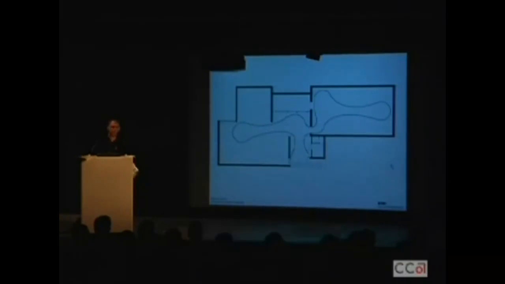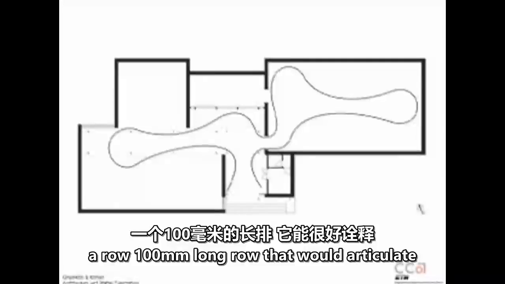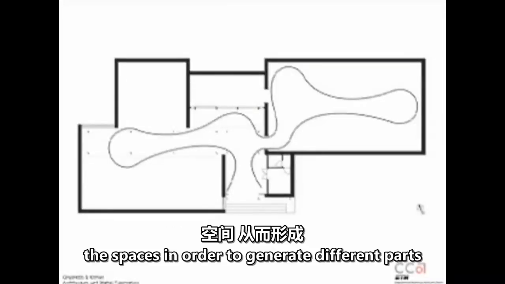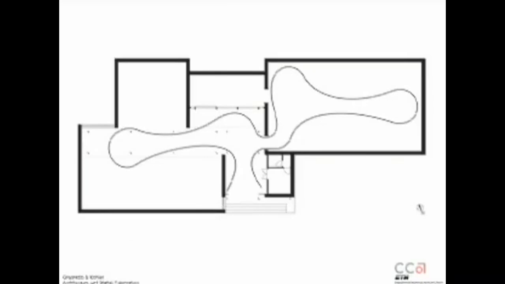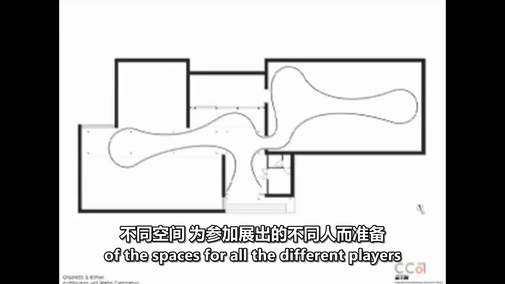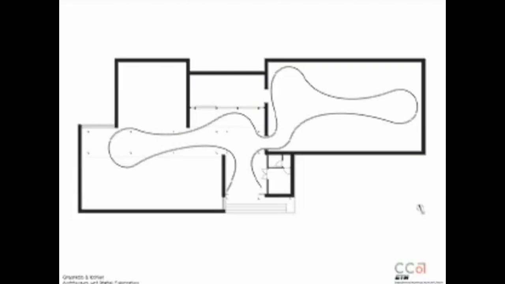So to produce a 100-meter long wall that would articulate the spaces in order to generate different parts of the spaces for the different players in this exhibition.